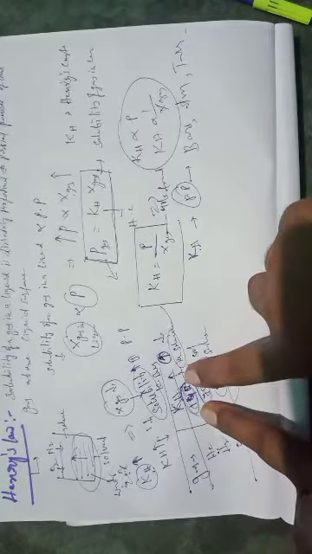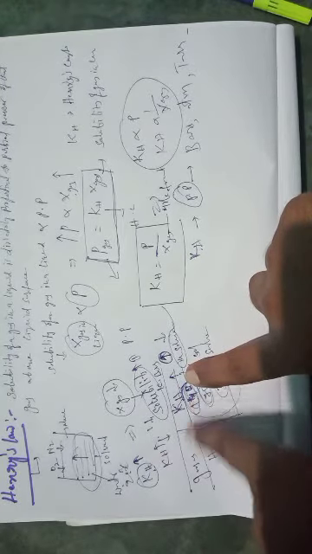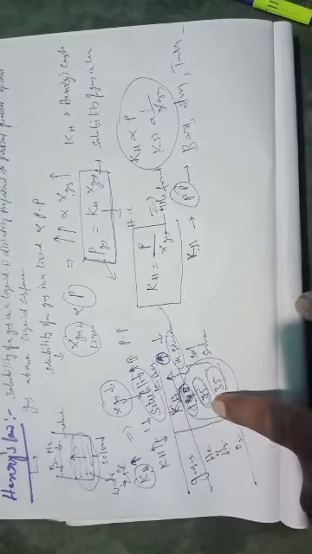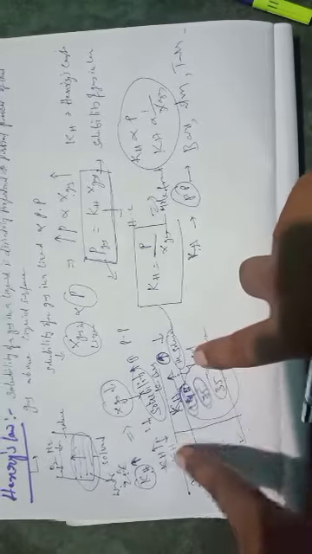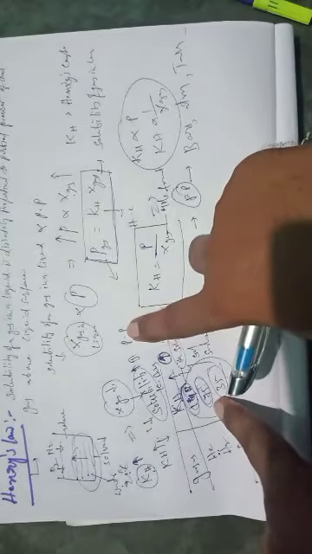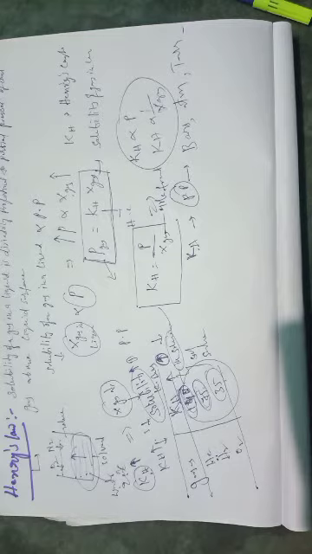So 140 is more than 100, insoluble. 75 is less than 100, soluble, because the Henry's constant is decreased, so solubility is increased. 35 is also the same: Henry's constant is decreased and solubility is increased, so it is soluble.